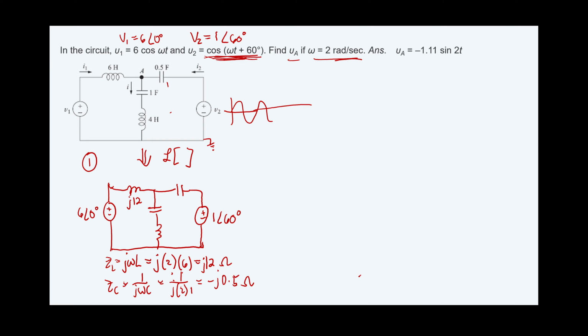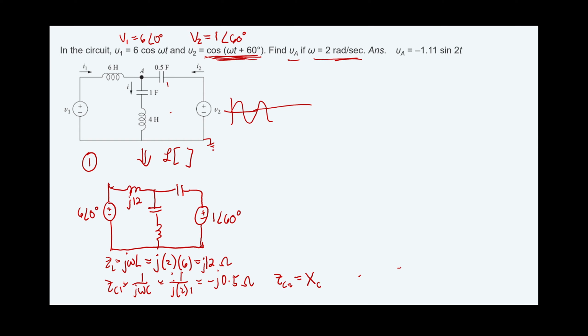Because all of them are impedance, or we can call it the reactive resistance or something of that sort. And the other one, the 0.5 F capacitor, this is XC, negative jXC.